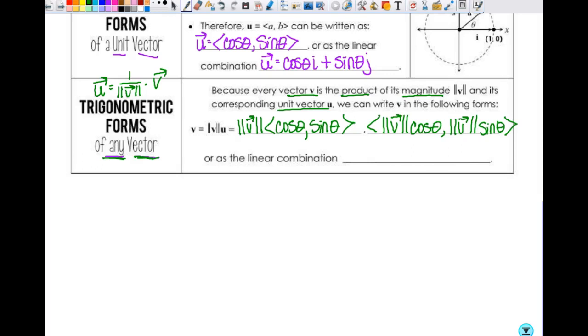Then our linear combination is magnitude of v times cosine theta i plus magnitude of v times sine theta j. R cosine theta, r sine theta. It's all the same thing. You're just applying it to different types of applications.